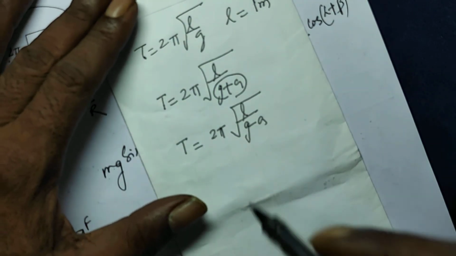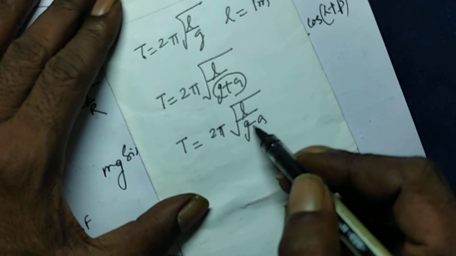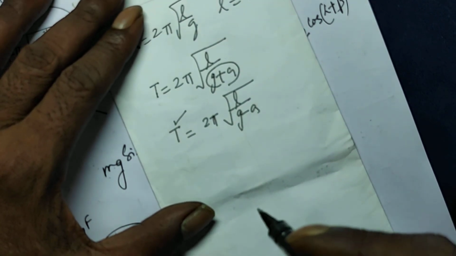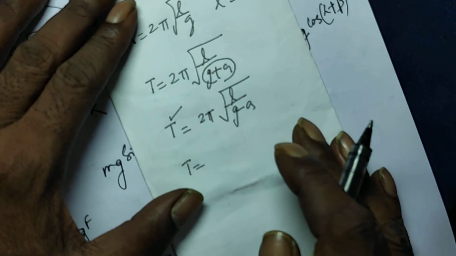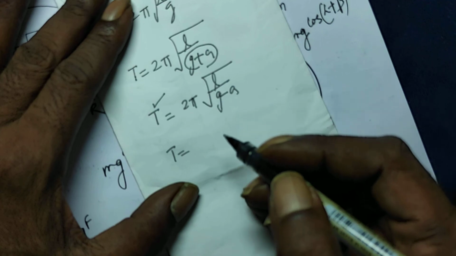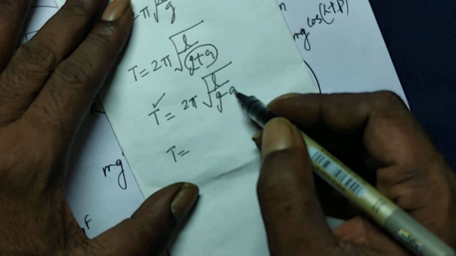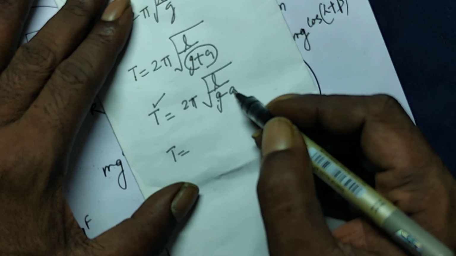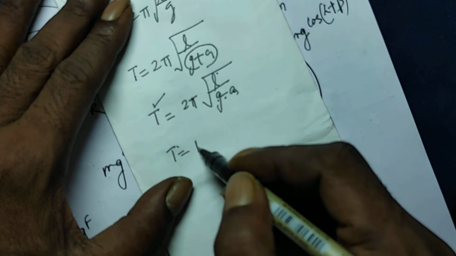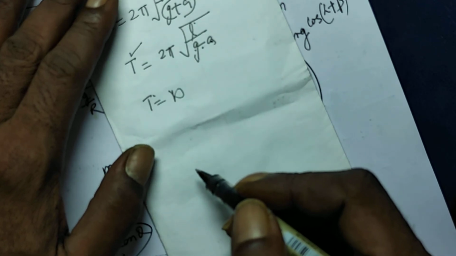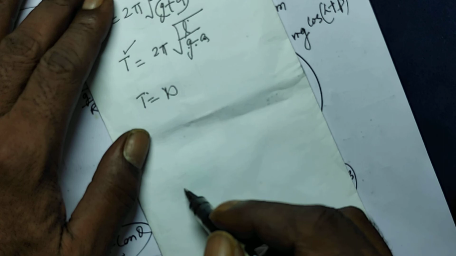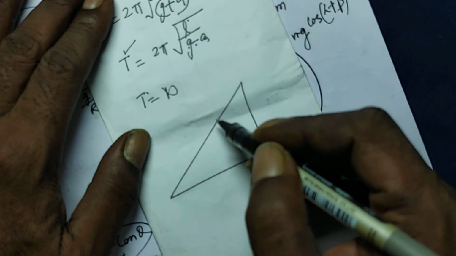The denominator decreases, therefore the time period increases, meaning the pendulum vibrates slowly. And also if the lift is falling freely, a becomes g, so g minus a is 0, so something divided by 0 is infinite, so T becomes infinite.